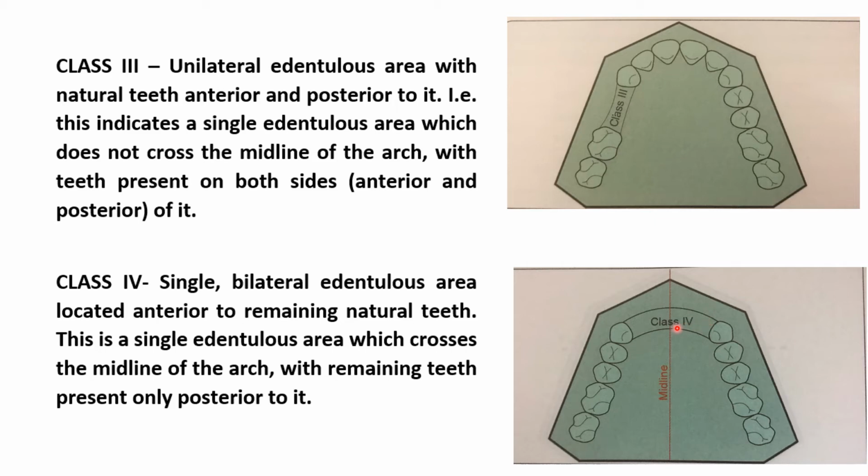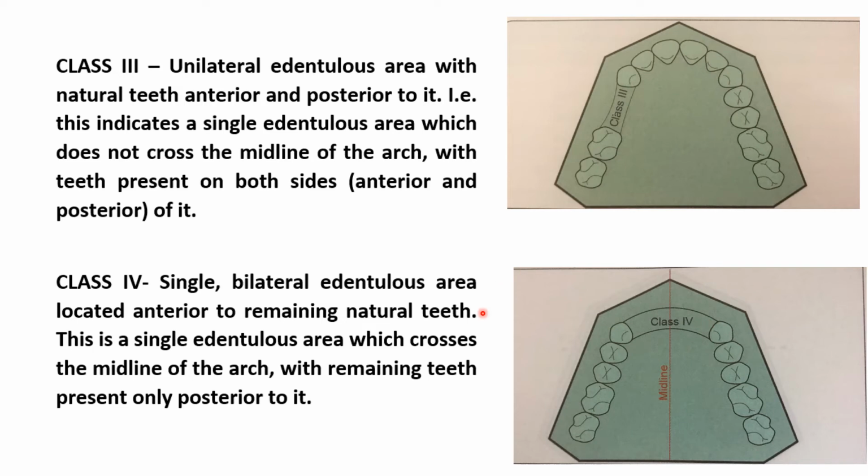For example, if there is a tooth over here, like a central incisor, and this is your edentulous area, then it becomes class 3. When the edentulous area crosses the midline, that means class 4, or else it is class 3 if it is not crossing the midline.